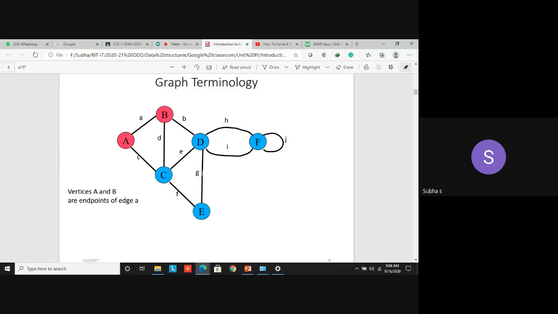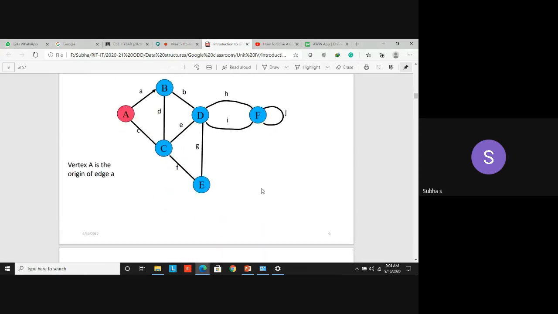Edge g means this line. This line is connected between whom and whom? Between the vertices capital D and capital E. So those are called the endpoints for that particular edge. That is how I am connecting, which nodes I am connecting. Those are called the endpoints. These are all definitions you have to remember.